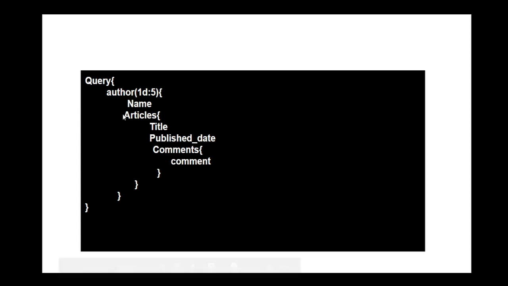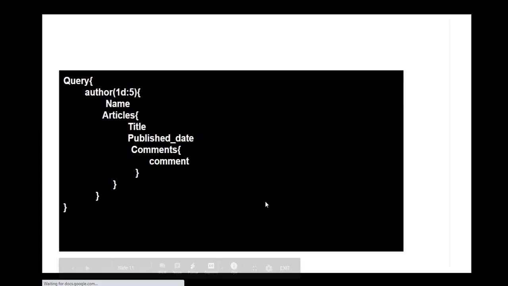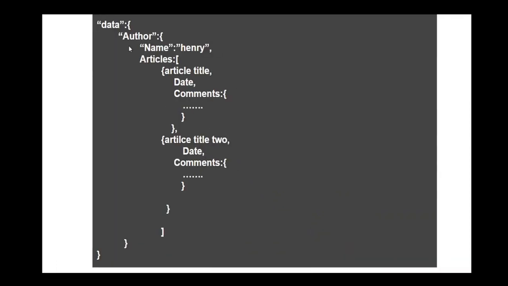We are getting all the specific data that we actually want for our profile page, unlike in a REST environment where we have to send several requests to fulfill this purpose. So in this case, we are eliminating underfetching because we can actually get the results by the author's name and a list of the articles, and each article has a list of its comments, a result like this.